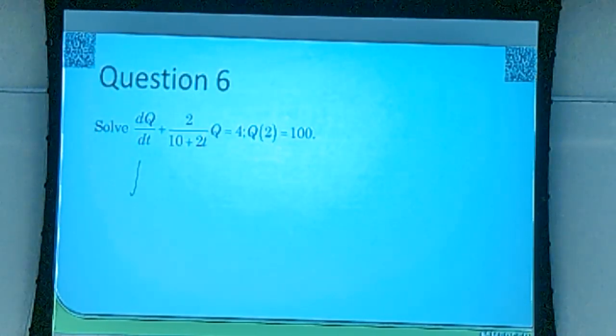What's P of t? What is it? 2 over 10 plus 2t. What's that antiderivative?